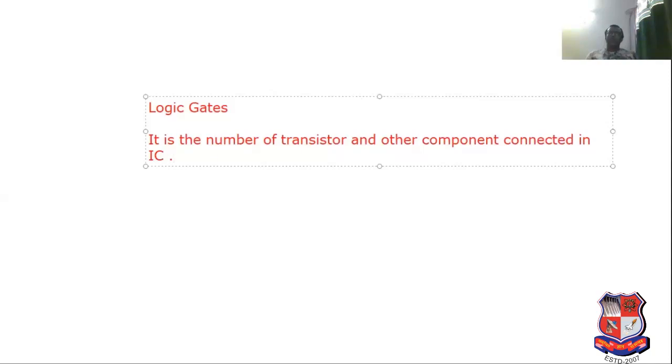What is the meaning of integrated circuit? Integrated circuit means several electronic components connected in one particular chip.